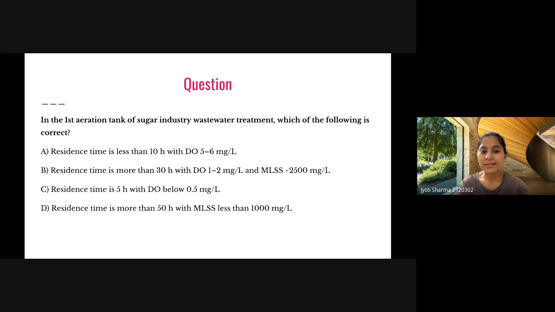A: residence time is less than 10 hours with DO 5 to 6 mg per liter. B: residence time is more than 30 hours with DO 1 to 2 mg per liter, and MLSS is 2500 mg per liter. C: residence time is 5 hours with DO below 0.5 mg per liter, and D: residence time is more than 50 hours with MLSS less than 1000 mg per liter.